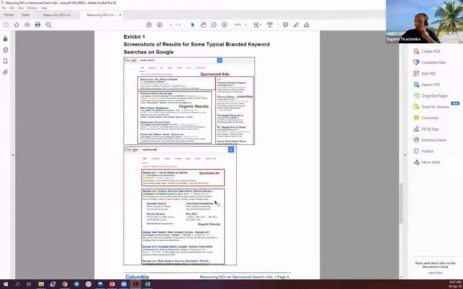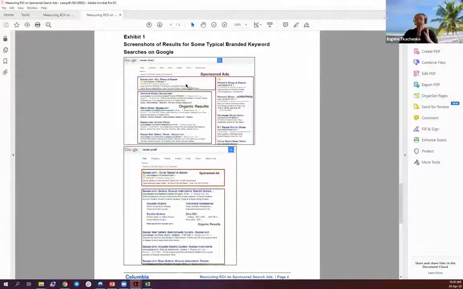Because organic results are allocated right beneath the sponsored ad results, essentially the points presented in the case indicate that when we are running sponsored ads simultaneously with organic results, sponsored ads may cannibalize the share of organic results. Cannibalization in this sense means that sponsored ads, if they're running simultaneously with organic results, are taking the share from organic results when we are just running organic results.